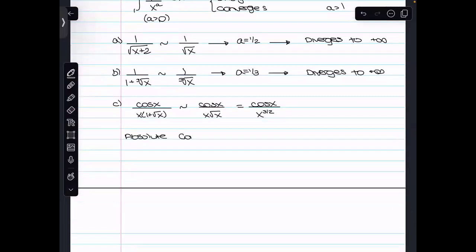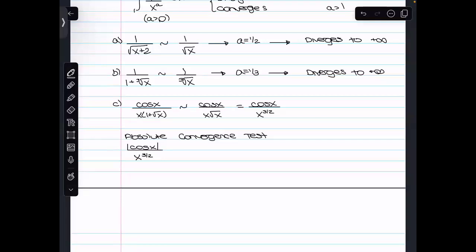You can't use it yet, I meant to say, because the function is not eventually positive or eventually negative. So we put an absolute value there. And then if we find that the integral of this converges, then we can guarantee that without the absolute value, it converges too.